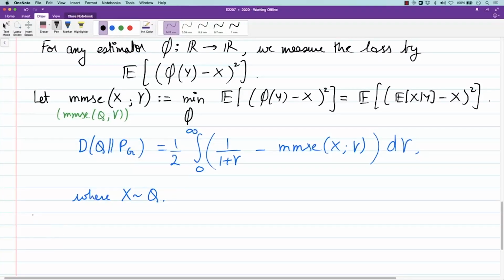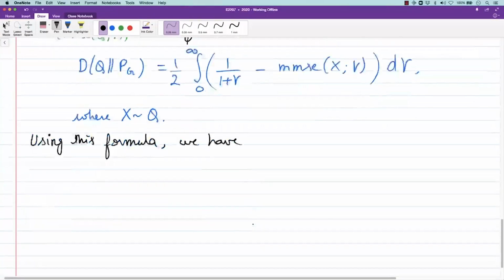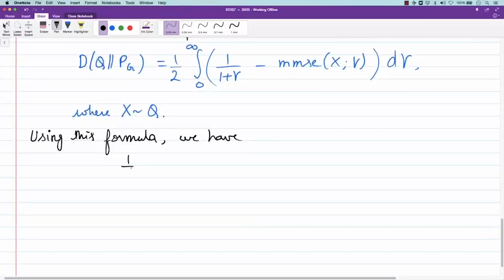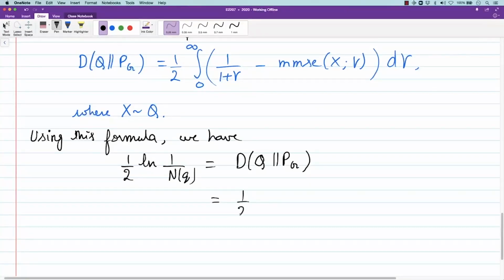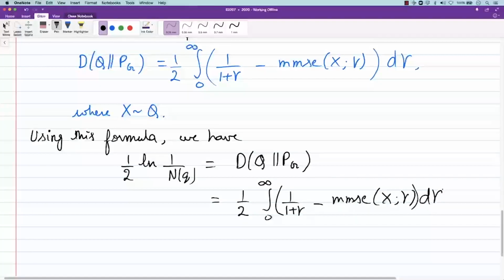Using this formula for divergence, earlier we had seen that half log 1 by entropy power of Q equals the divergence between Q and PG, but this is equal to half integral from 0 to infinity of 1 by 1 plus gamma minus MMSE, d gamma. Okay.